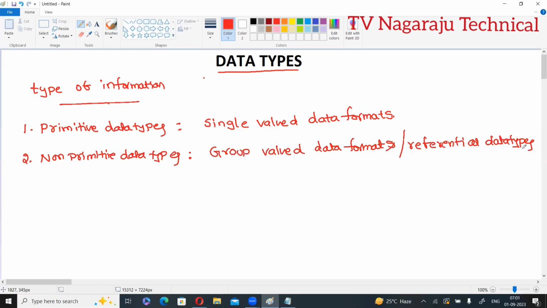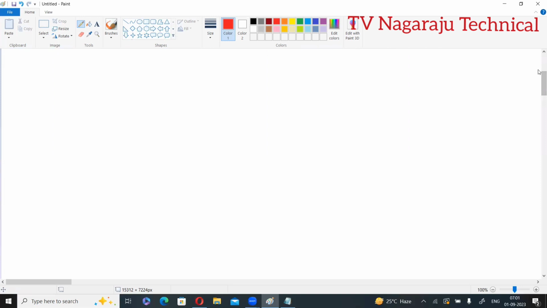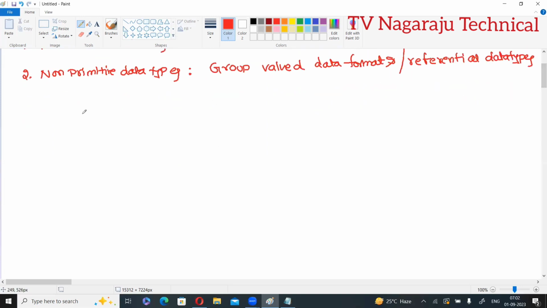Okay. First, we are moving into primitive data types. The primitive data types are again categorized into two types. One is Boolean and the second one is numeric.